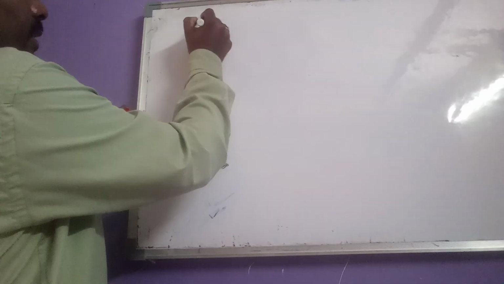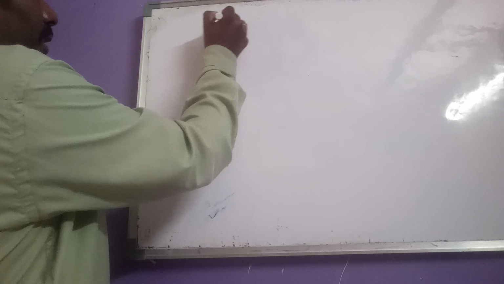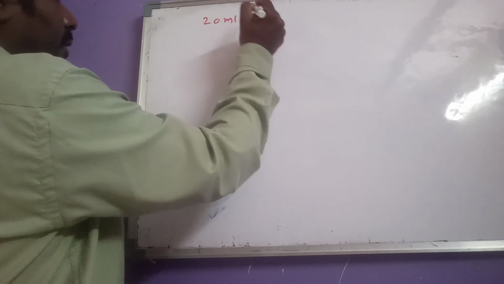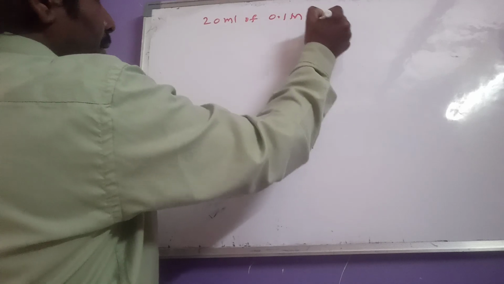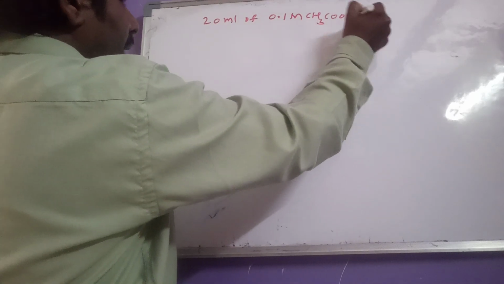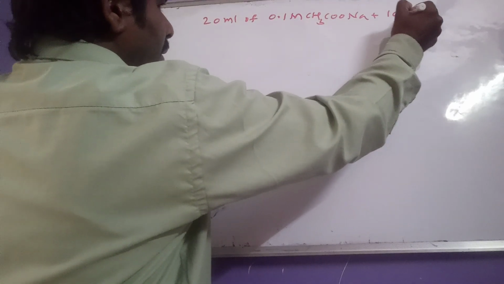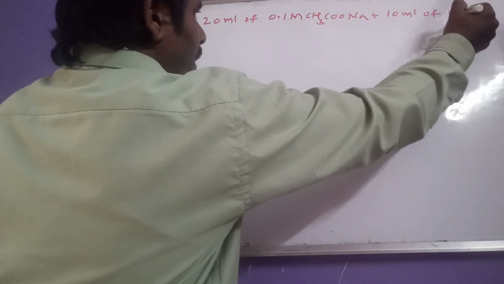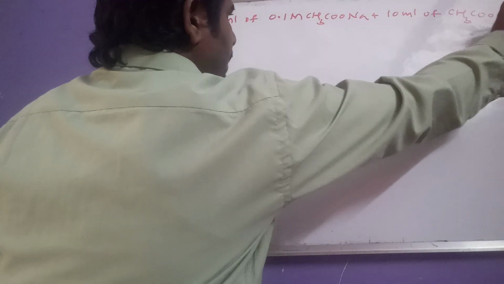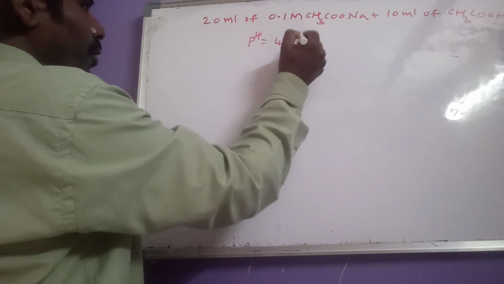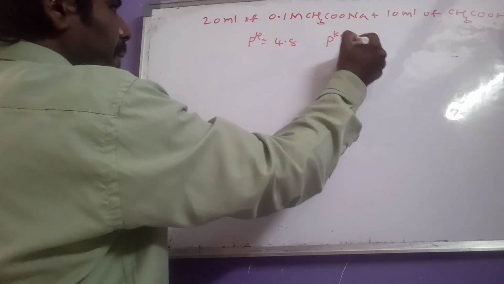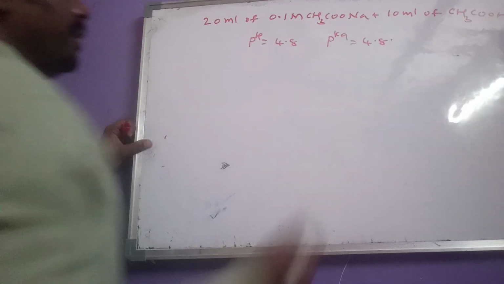So, same acetate buffer only, let us consider here. What is that? Okay, 20 ml of 0.1 M sodium acetate mixed with 10 ml of acetic acid, and its pH value is 4.8, pKa also 4.8.